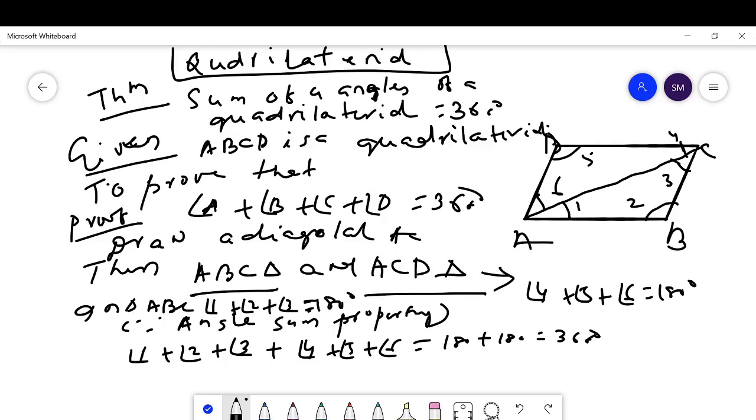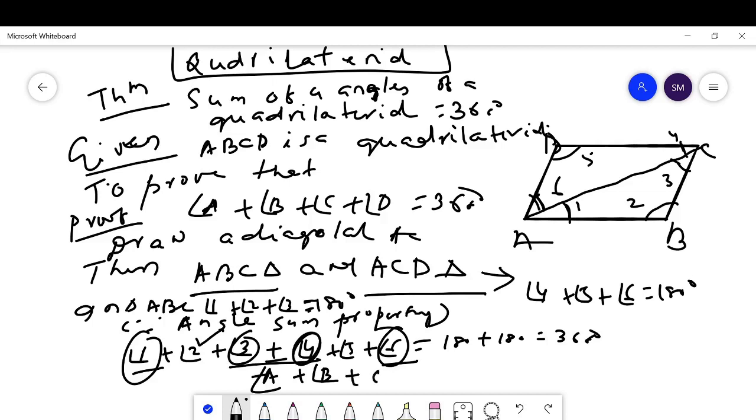Here angle 1 plus angle 6 is angle A. In place of angle 2 we can write angle B. Angle 3 plus angle 4 is angle C, and in place of angle 5 we can write angle D. Then this equals 360 degrees.